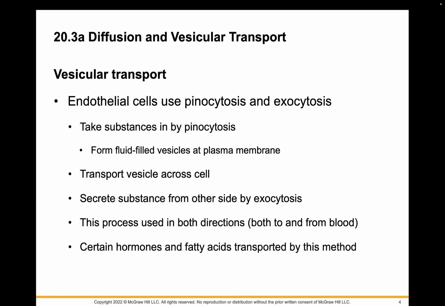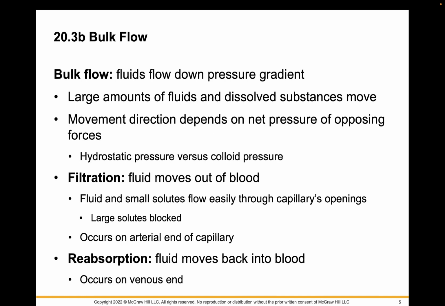When things are going to be excreted, that is going to be exocytosis, another example of vesicular transport. So keep in mind, we're looking at things moving in both directions, and that's going to be important. The substances most usually transported in this manner are some hormones and fatty acids.